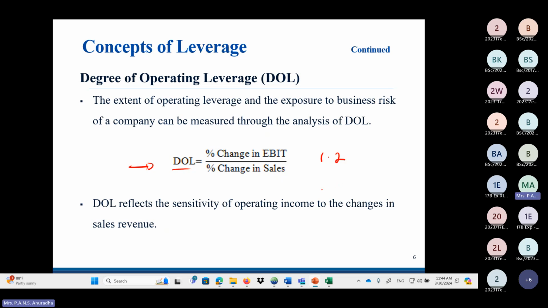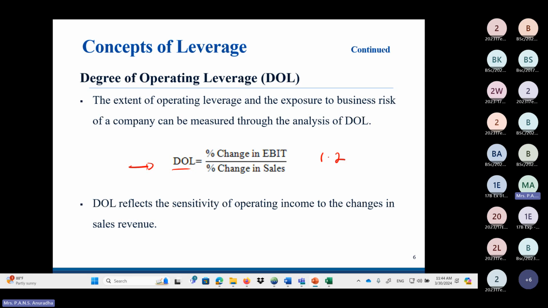It means that if your sales increase by 1%, your EBIT increases by 1.2%. The other way, if your sales decrease by 1%, your EBIT, the operating profit, decreases by 1.2%, because your degree of operating leverage is 1.2. So quantitatively you can calculate.